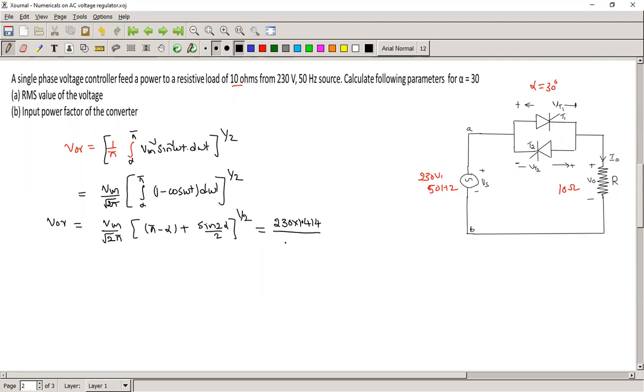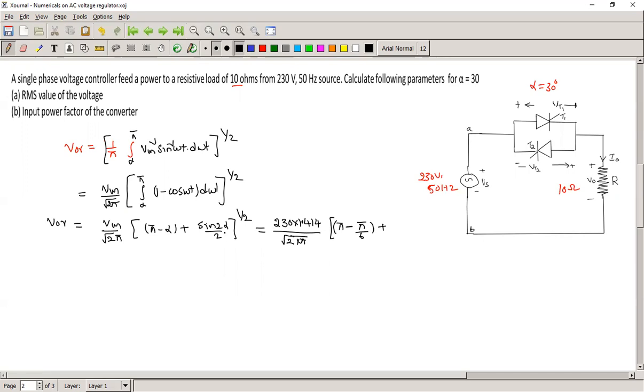So divided by root 2 into pi. For pi also root 2 is there. Pi minus alpha, where alpha is 60 degrees. When you keep the alpha value here, you have to consider it in radians, so pi by 6.